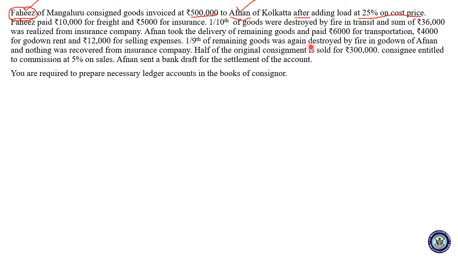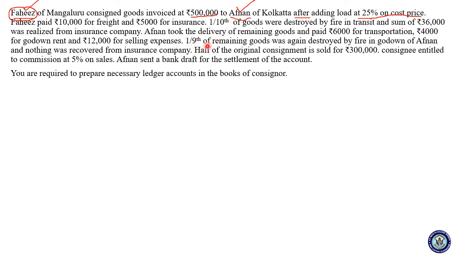1/9 of remaining goods was again destroyed. So this is something new. See, already 1/10 were destroyed. 1/9 of the remaining goods: what is remaining means after Afnan received the goods, of that 1/9 were again destroyed by fire in the godown of Afnan. See, in the first case it was in transit, so only the non-recurring expense of the consignor is to be added, proportionate to that 1/10.